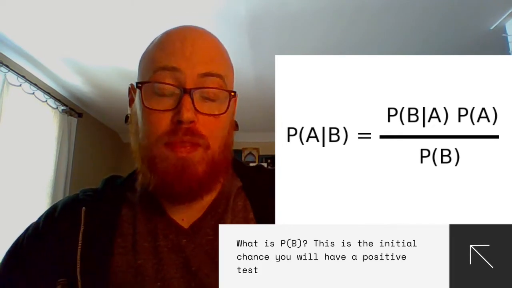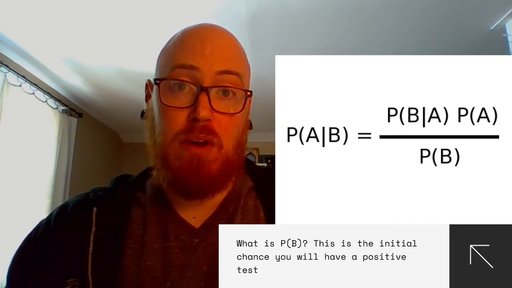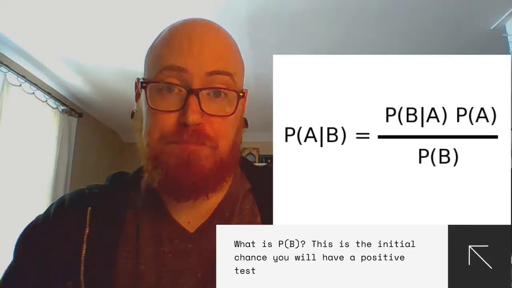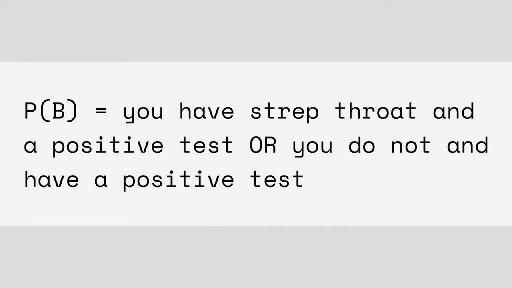This is what we need in order to calculate the prior probability of B. The probability of B is the probability that you have strep throat and a positive test, or you do not have strep throat and have a positive test. So the probability of B, just that you have a positive test, needs to take these two things into account.